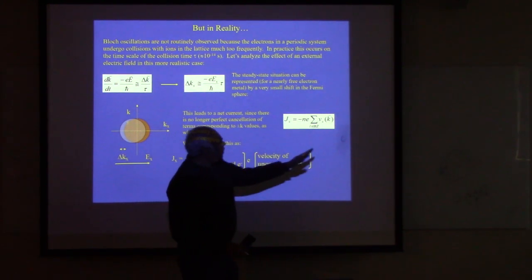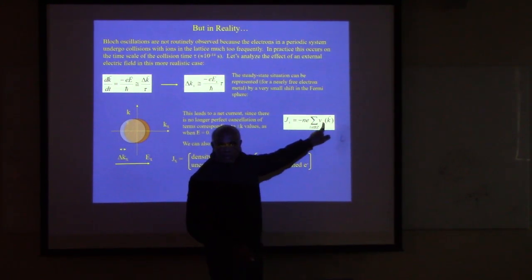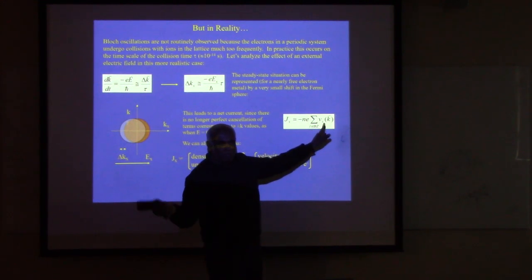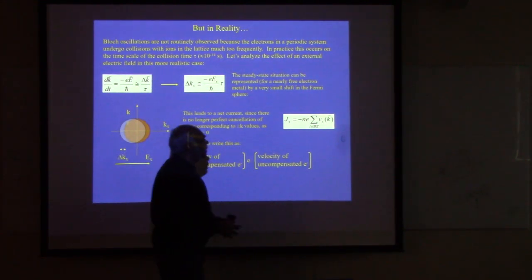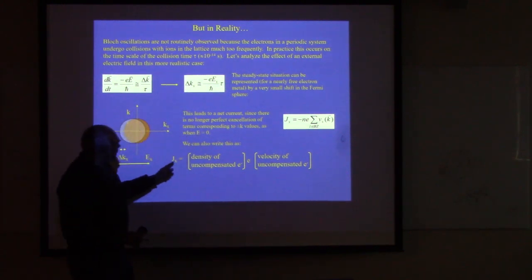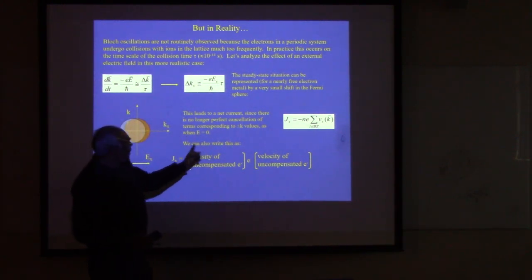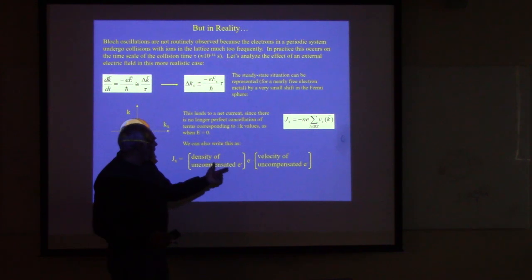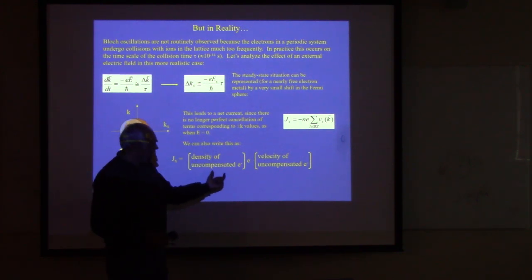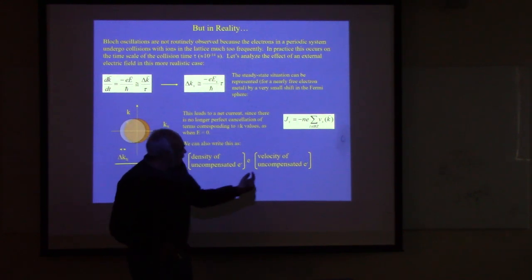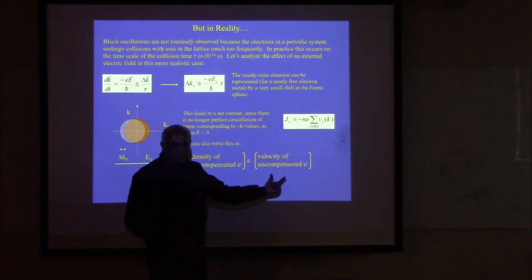If it is completely filled, this is zero. It's clear, right? V plus, minus, because they are at opposite k values. So now your total J, you can calculate from the total number of electrons in the uncompensated area times e times the velocity of that region.